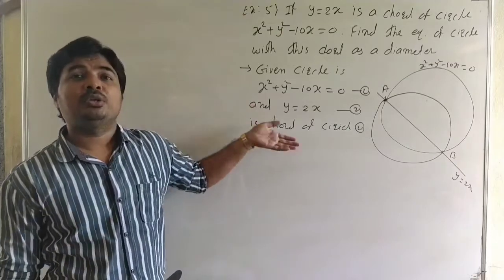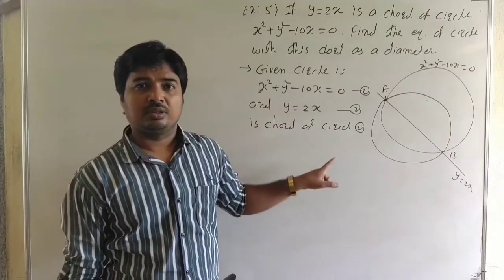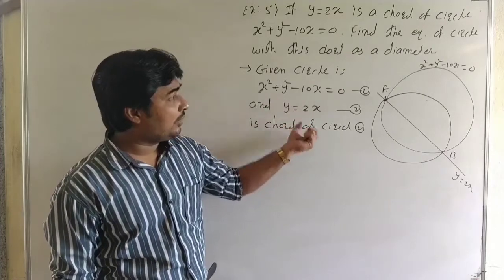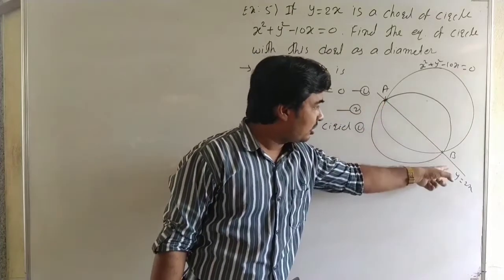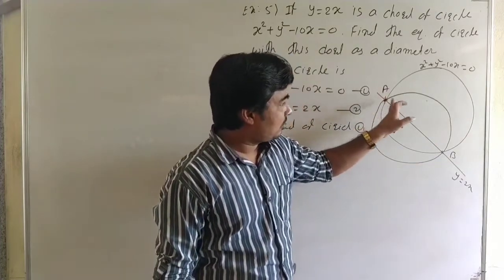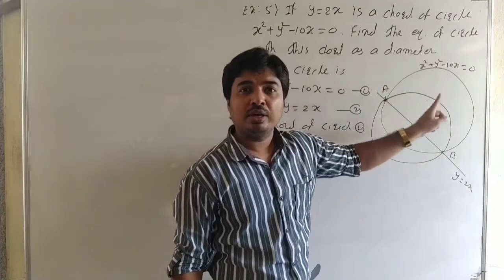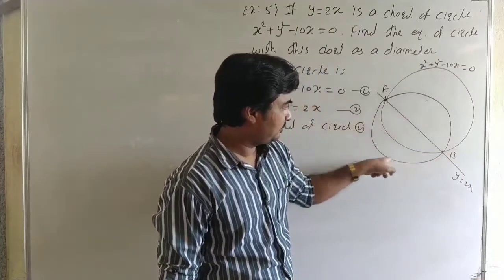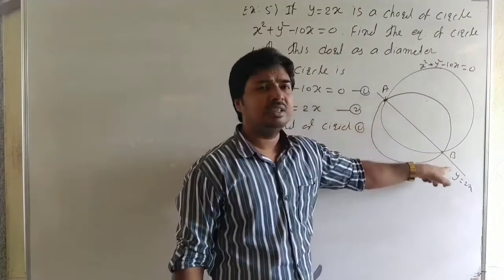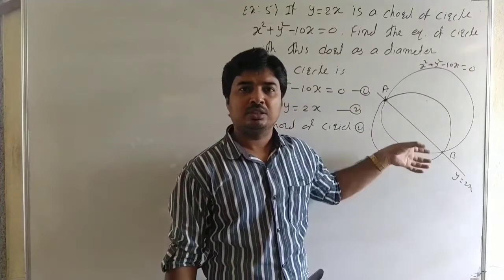But we want to find the equation of circle whose diameter is a chord of this circle. That means this chord AB is a chord of this circle, but we want to find the equation of circle whose AB is a diameter. Okay, and then A and B are the ends of the diameter. Then by using the diameter form, we find the equation of circle.